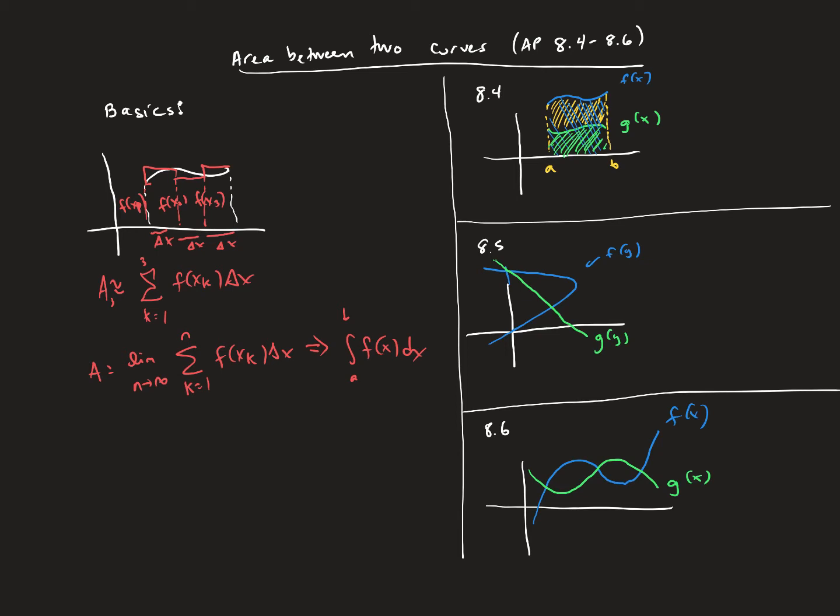So essentially the area between two curves can be thought of as finding the area under the top curve minus the area under the bottom curve.